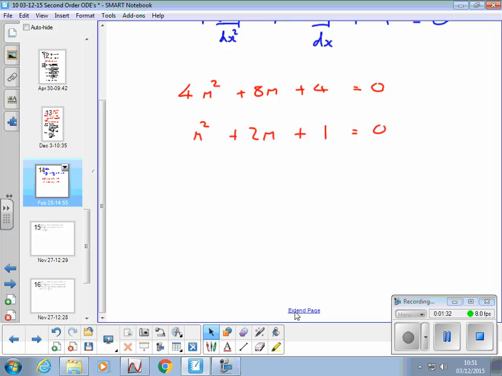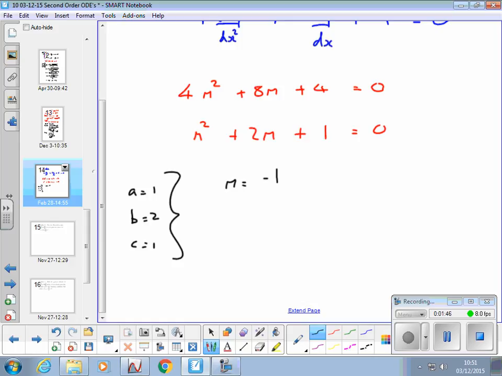So let's use the quadratic formula. a equals 1, b equals 2, and c equals 1, and solve this quadratic equation. So m equals minus b plus or minus the square root of b squared minus 4ac, all over 2a. You'll remember it eventually. And then put in the numbers.